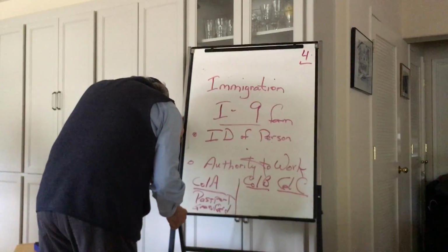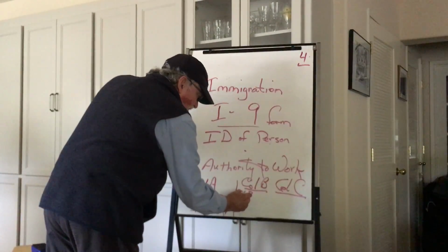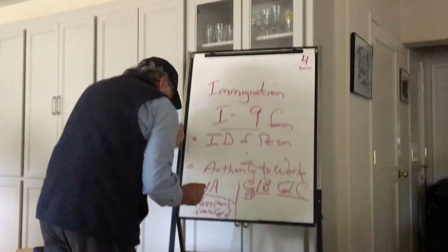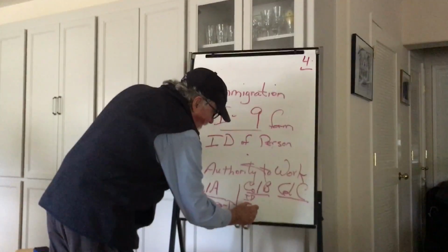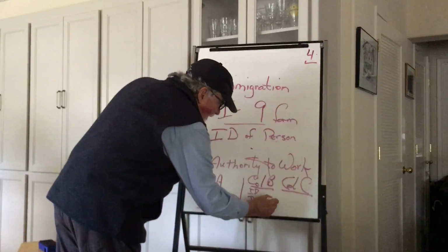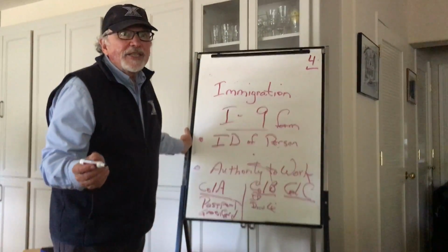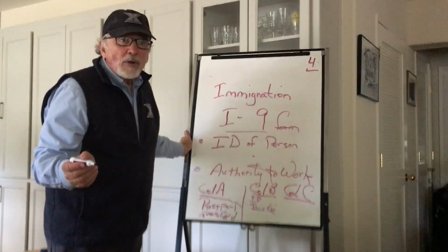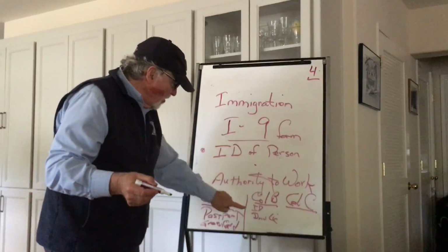Column B establishes identity. And what can you use there? Basically, best is a driver's license, a military ID card, anything that's issued by a government or tribe, for example, that has your photo on it, that identifies you.